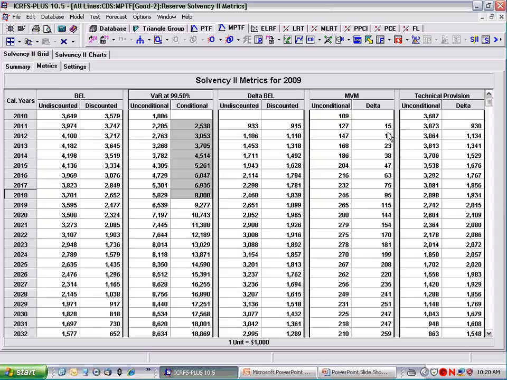So these are the delta MVMs. But then you've got the delta BELs. Where are the delta BELs? Delta BEL discounted. The delta BELs are very large. The additional mean reserve you require because of the high correlations is pretty large.